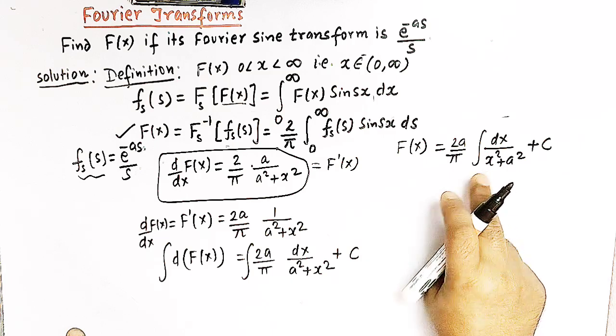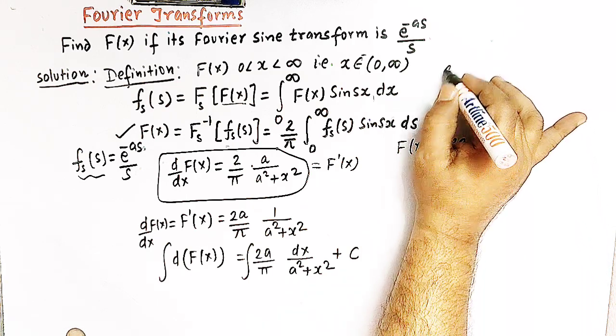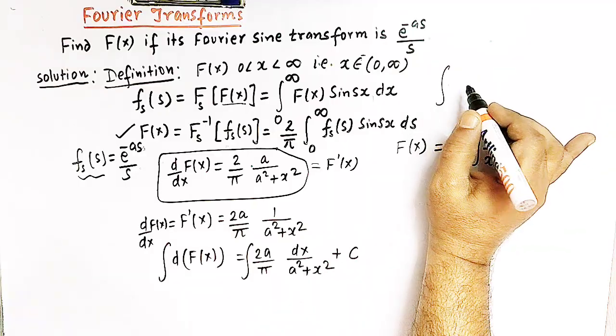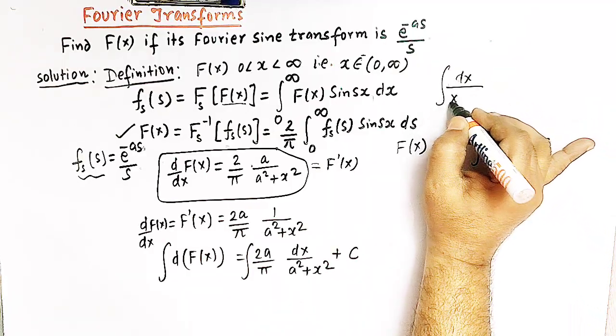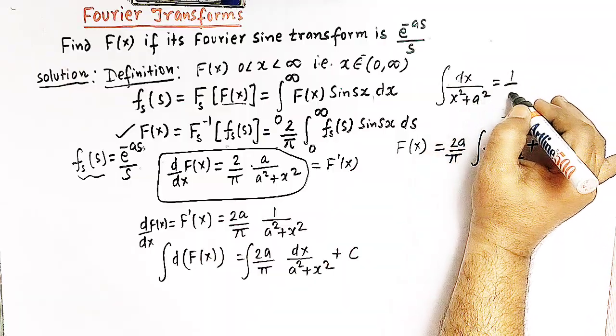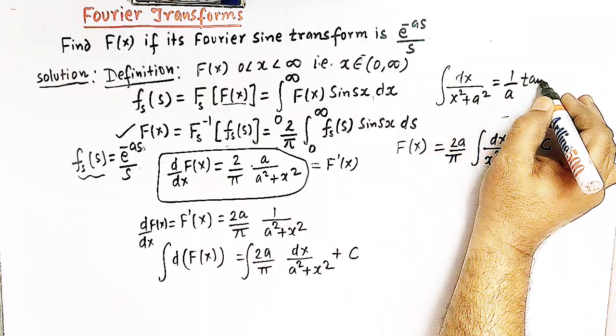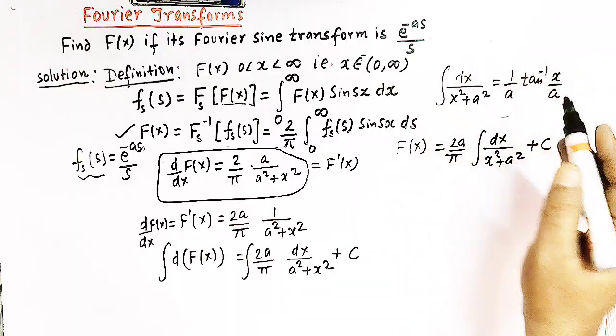Now here we can use a standard result from indefinite integrals, that is integral dx over x square plus a square is equal to 1 over a tan inverse x over a. So this is the standard result.